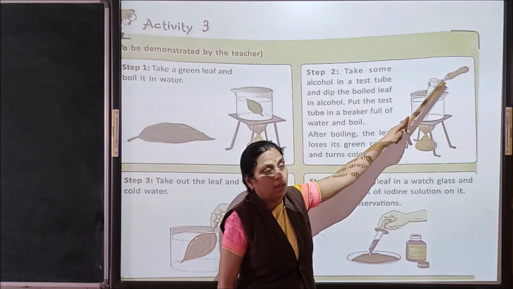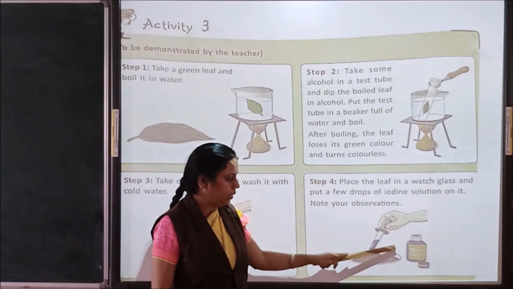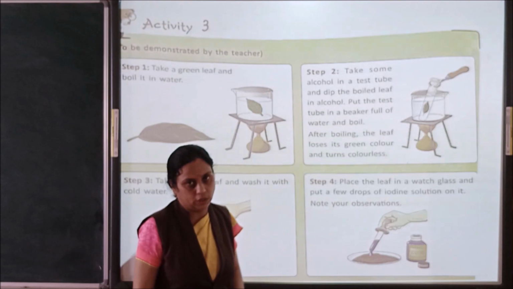And this is called the holder, and this is the iodine solution.